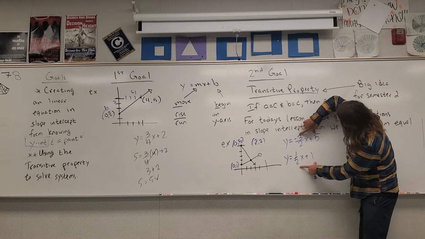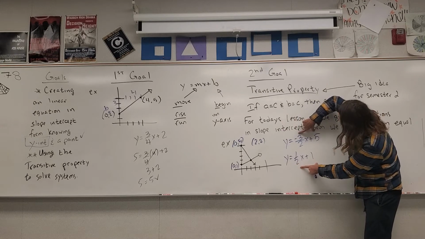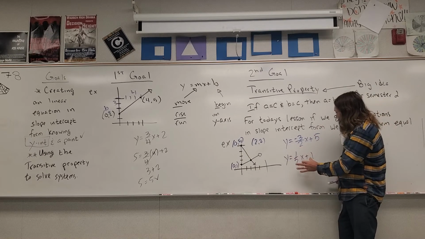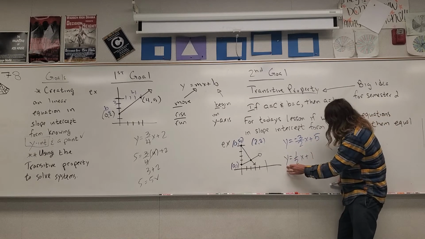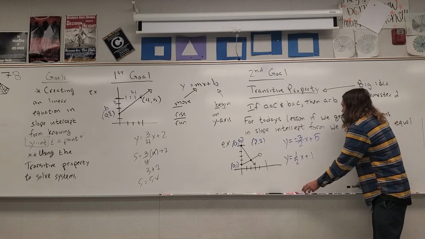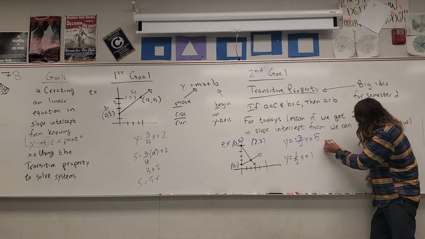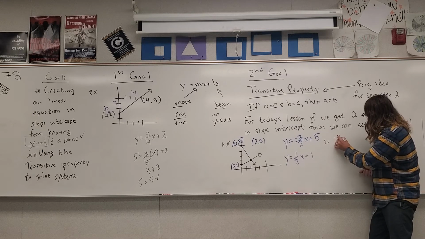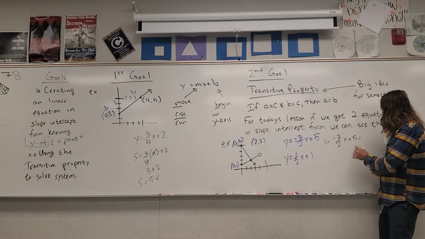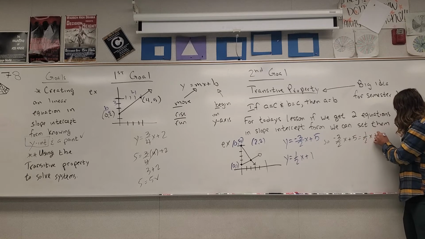If two things are equal to the same thing, then these two things themselves must be equal. So you can actually think of this as A, and this is C, and then this is B, and then this is C. And since both of these are equal to y, we can now say that by the transitive property, -3/2 x plus 5 is equal to 1/2 x plus 1.